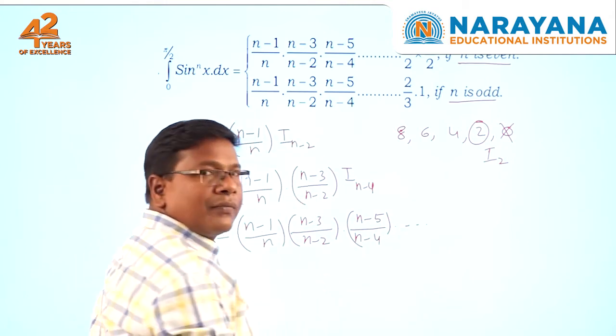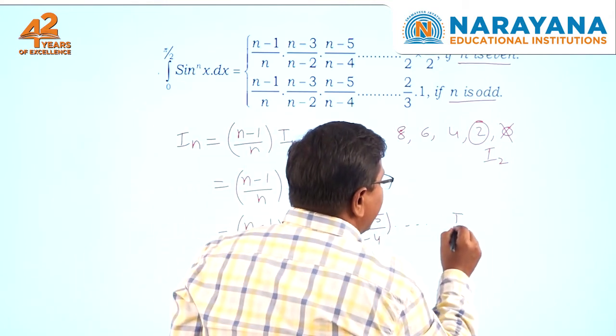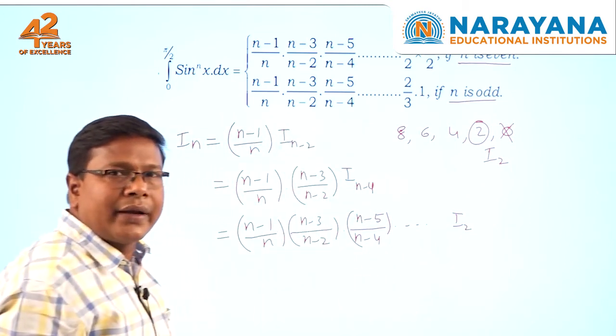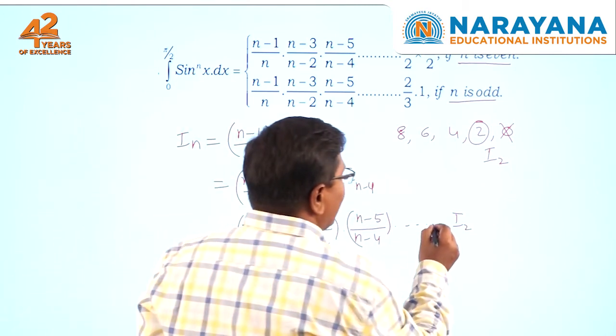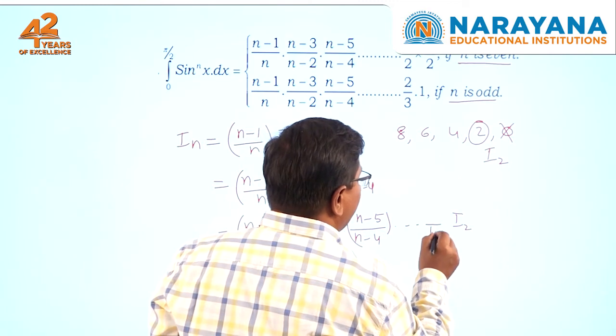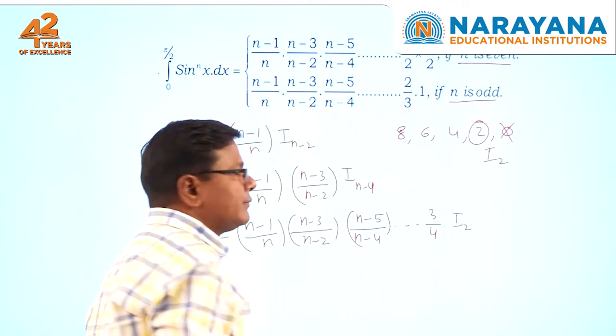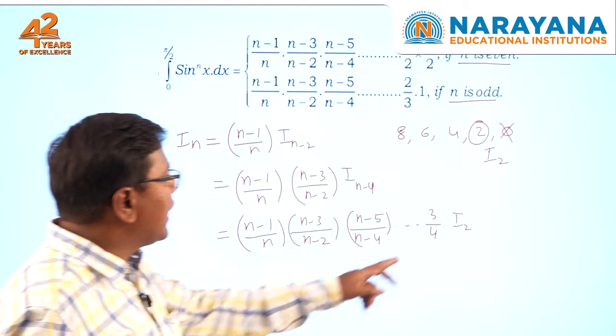The last term we are left with is I2, right. Before that, what you are left with is 4 and this is 3. Okay. Now, we need to calculate I2.